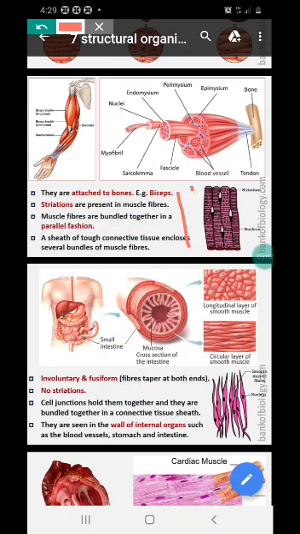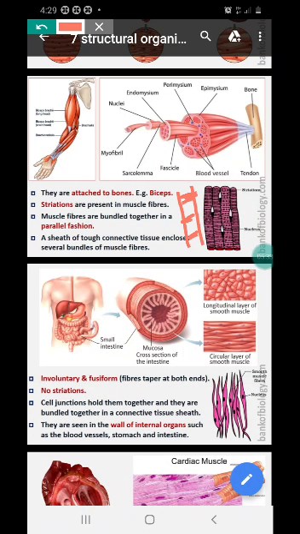One special thing about this is, when you see it under the microscope, you can find they are made up of alternate striations: darker area, lighter area, darker area, lighter area, like that. These are called striations or bands. Dark and light bands we can call them, or striations.